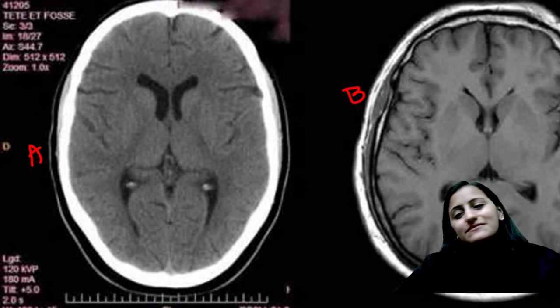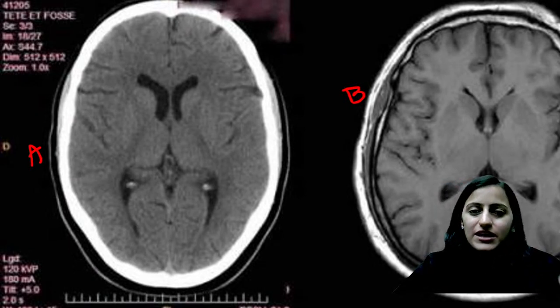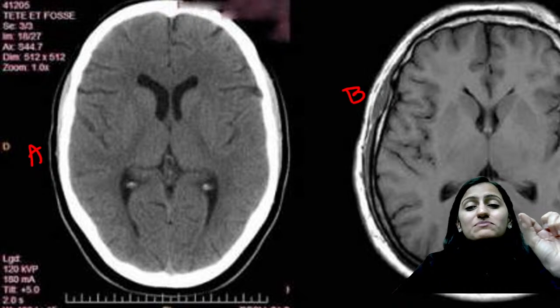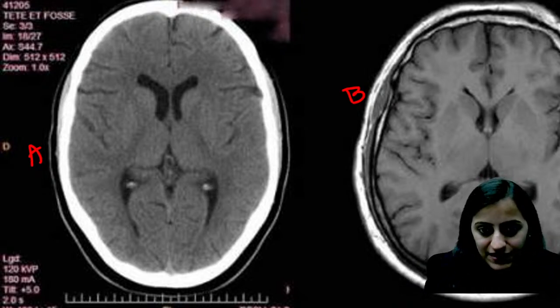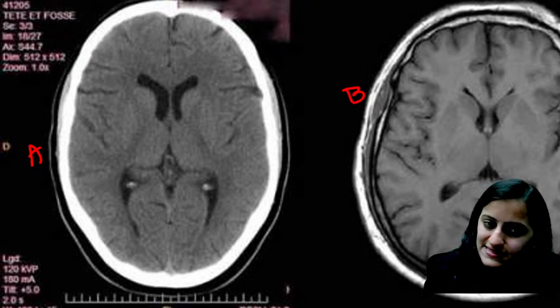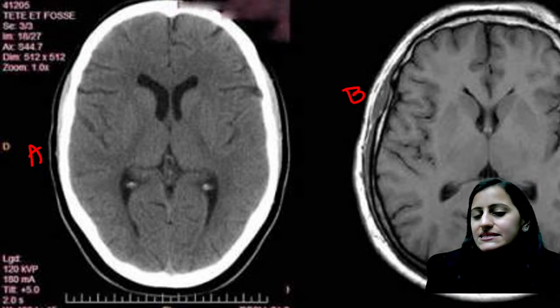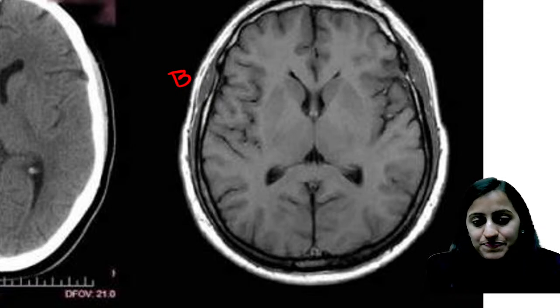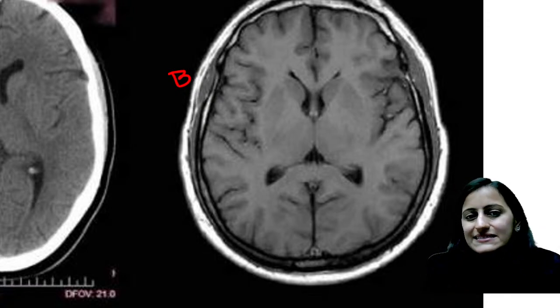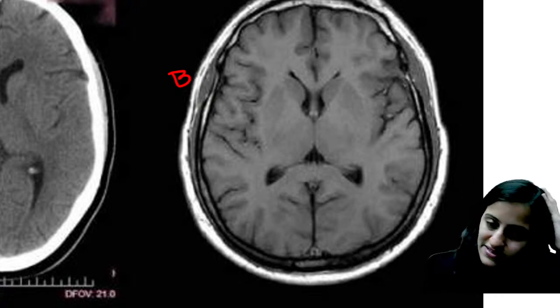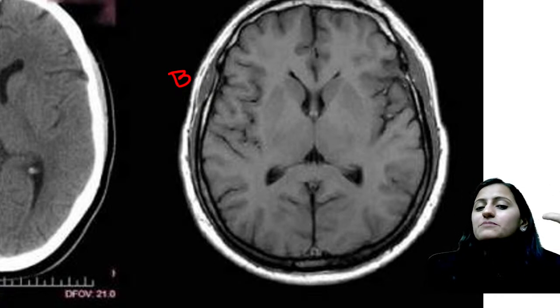Now, see here, as I said, whenever you are asked whether it's a CT or a MR, the thing you are supposed to look at is the bone cortex. What you see in this image is the skull bone that is white. It's a CT scan. Look at this image. Even though you see the white covering here, please remember that it is not the bone. This is the fat in the scalp which is appearing white.